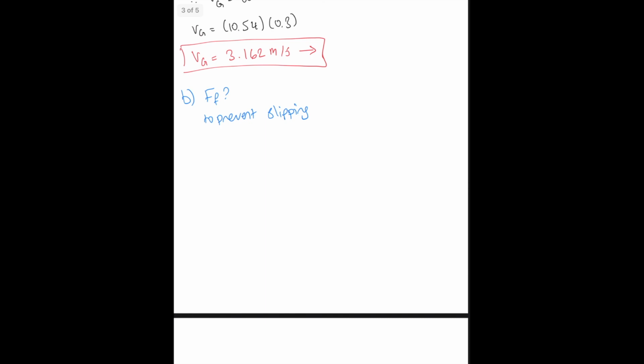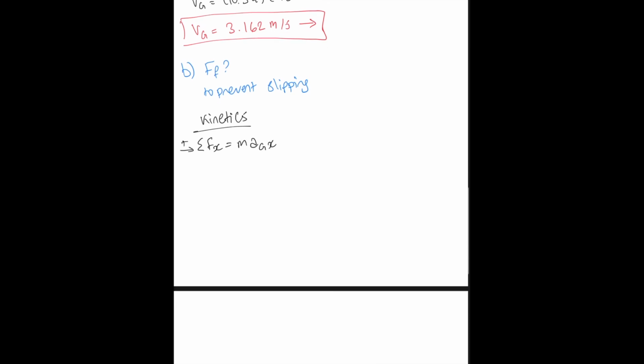This is by first doing our sum of forces in x, which is equal to m a_gx. So our sum of forces is going to be equal to P minus the frictional force, which is equal to m a_gx.